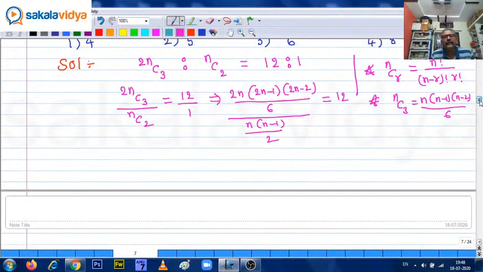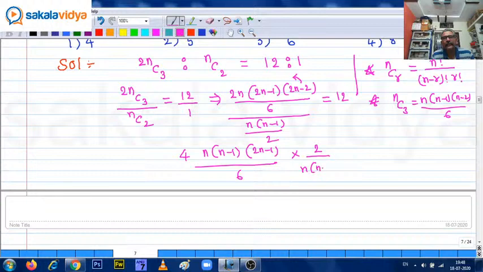So this can be written here. From 2n minus 2 you can take 2 common. So we get 4n times n minus 1 times 2n minus 1 upon 6, multiplied by 2 upon n times n minus 1, which is equal to 12.